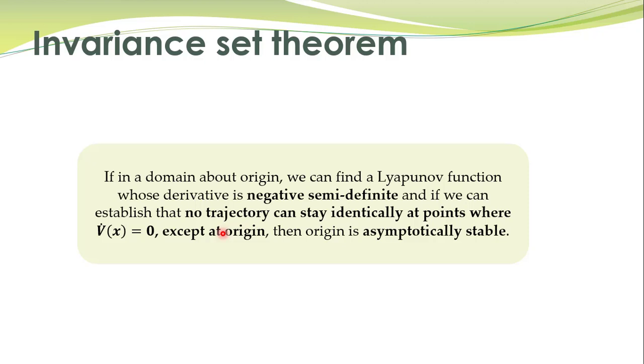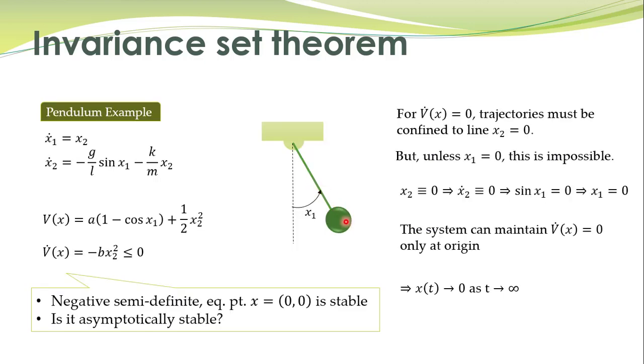Instantaneously it can happen, but identically it cannot. It cannot be that velocity is identically 0 and position is non-zero. This velocity can be equal to 0 when this pendulum is at extreme positions. That is possible for some instantaneous time only, not identically, right?